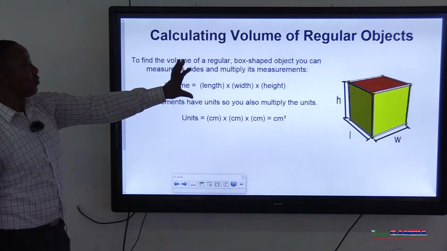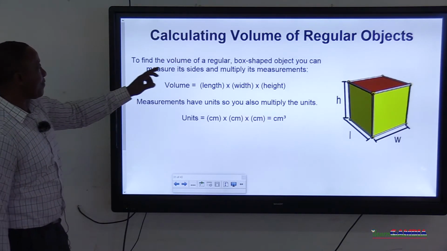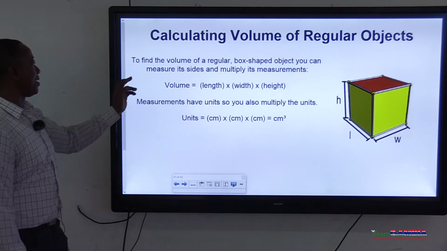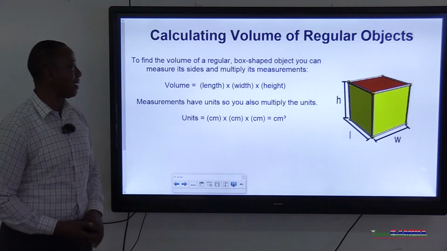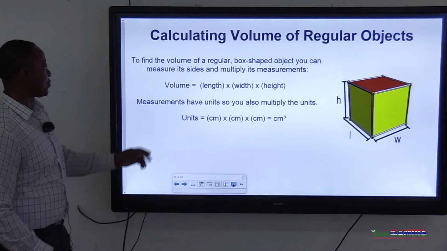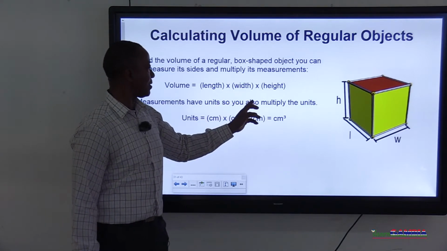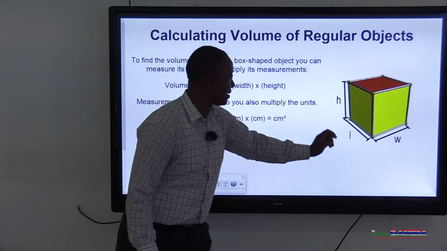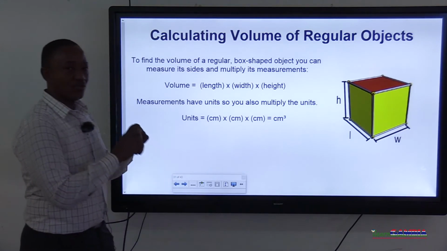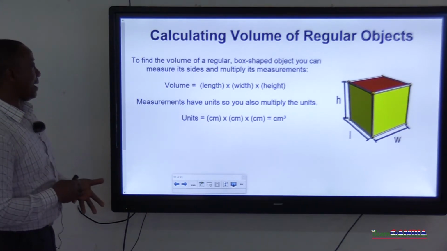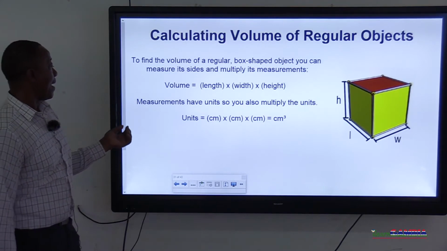So calculating volume of a regular object: to find the volume of a regular box-shaped object, you can measure its sides and multiply its measurements. So the formula is simply the length multiplied by the width multiplied by the height. So once you have measured those, then all you have to do now is to multiply them, and then you have your figure.